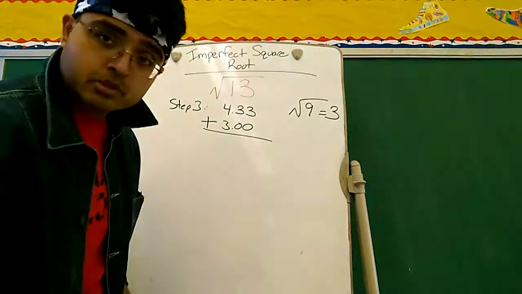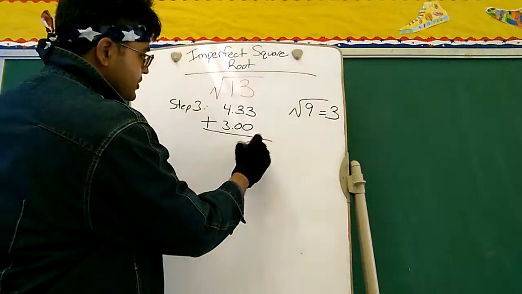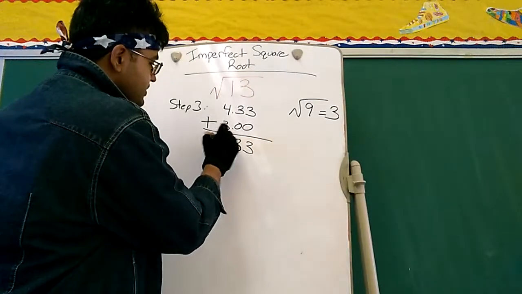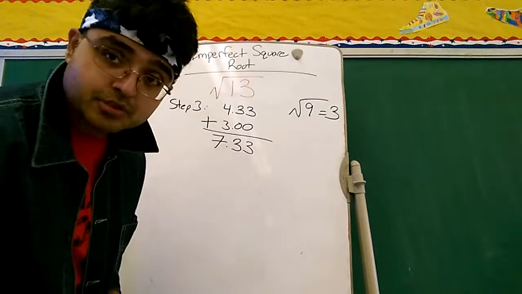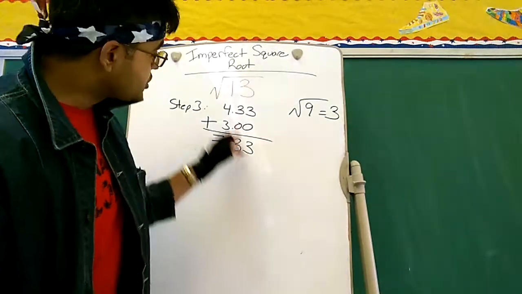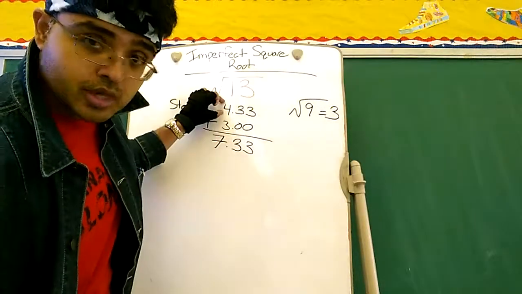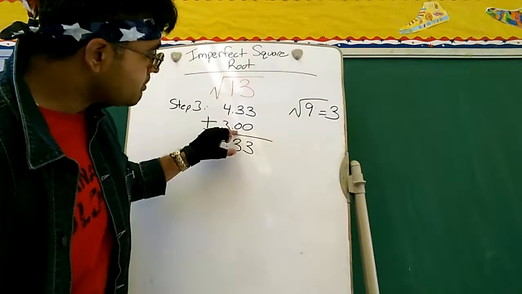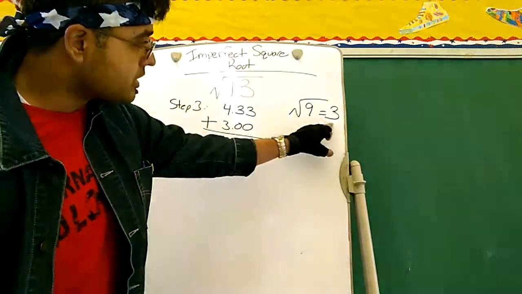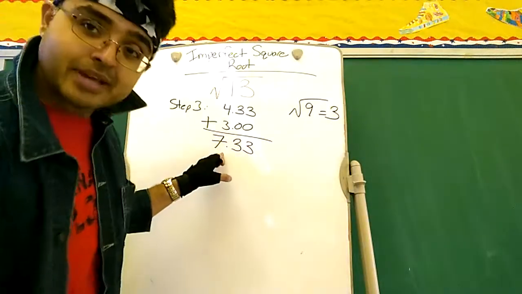And now, I'm going to solve. 3 plus 0 is 3. 3 plus 0 is 3. Decimal, decimal. 4 plus 3 is 7. So the answer for step number 3 is 7.33. I just took my answer from step number 2 and I added it to the perfect square root which we used in step number 1, which is the number 3. So that's my answer.